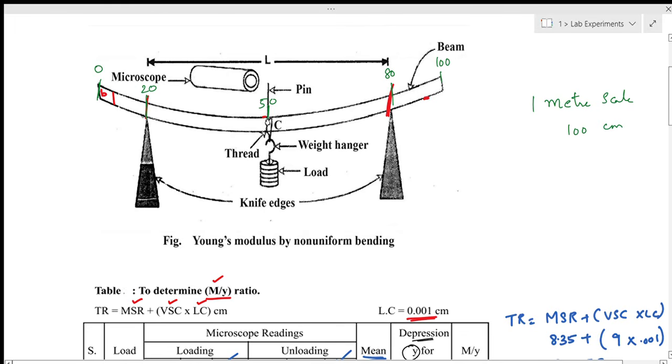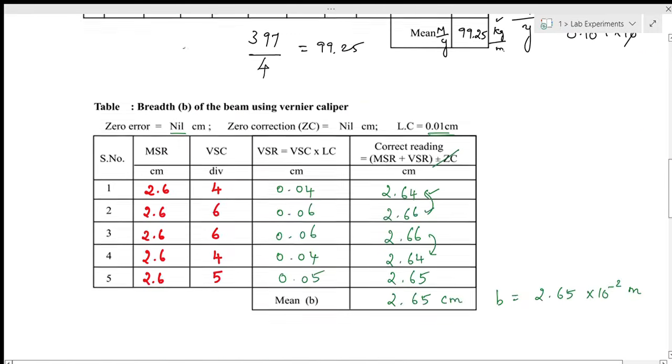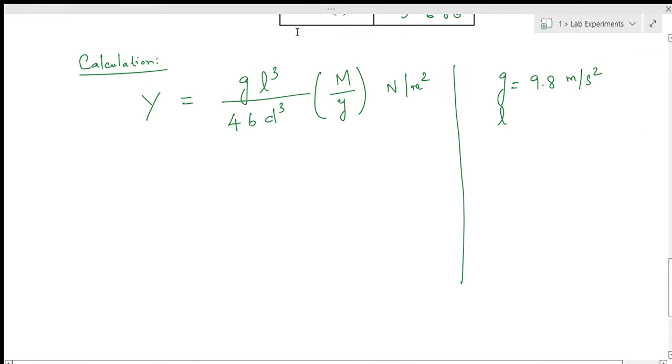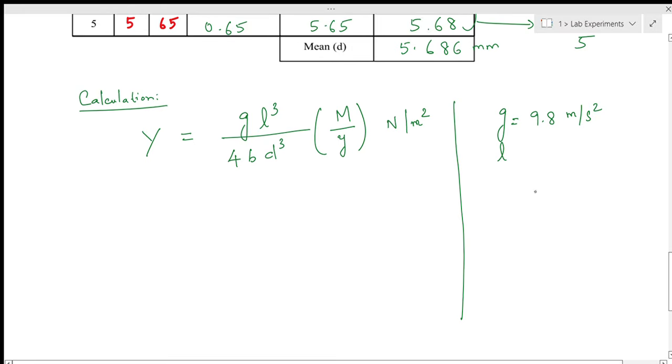The knife edges are kept at a distance of 60 centimeter, which can be found as the scale is placed on the knife edges at 20th centimeter and at 80 centimeter. So 80 minus 20 will give you L as 60 centimeter. It is converted into meters.